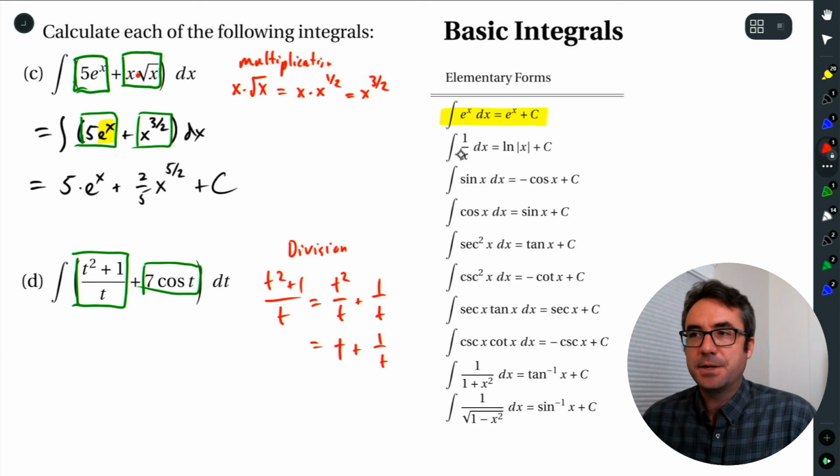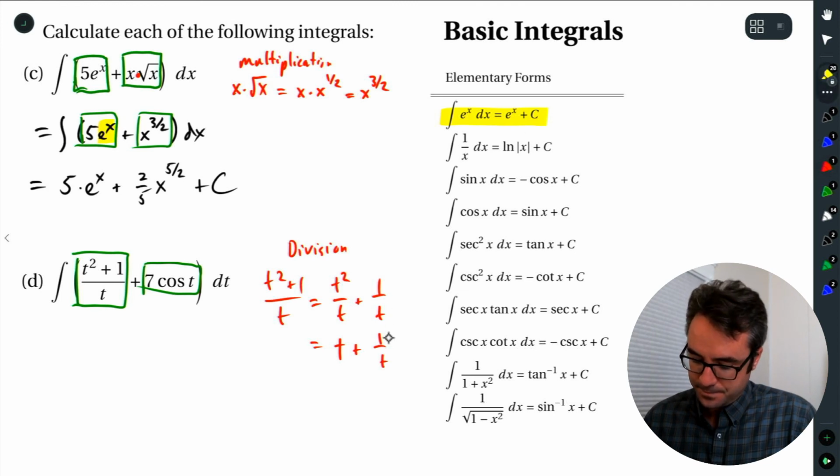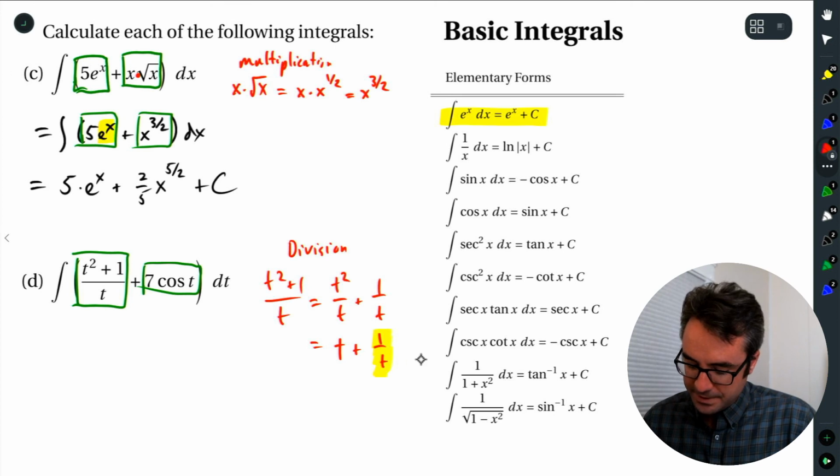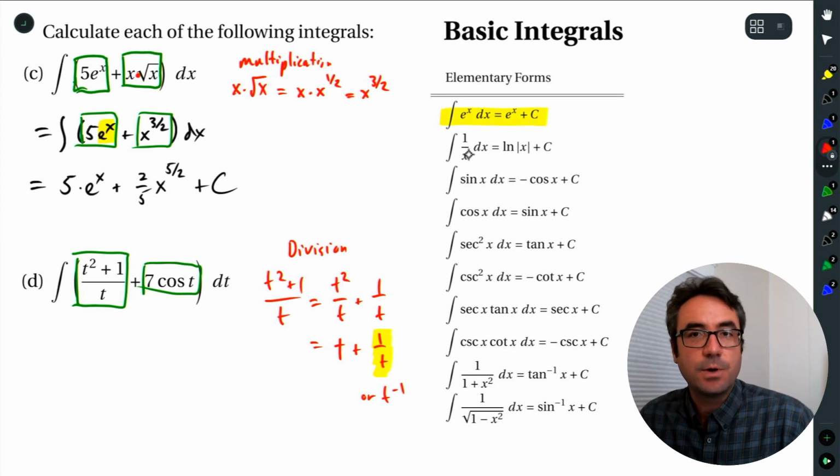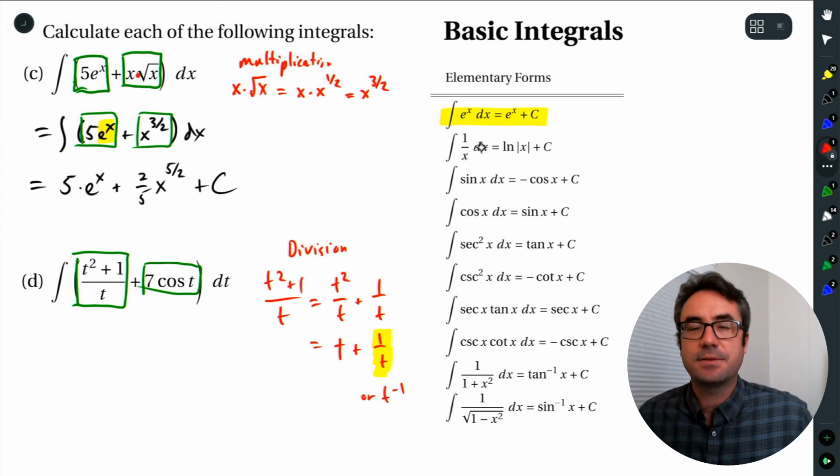The reason is because 1 over t is kind of something special. I mean, we could rewrite this as t raised to the negative 1. I think it's a little bit easier to leave it as 1 over t, just because it stands out that that's something more recognizable.